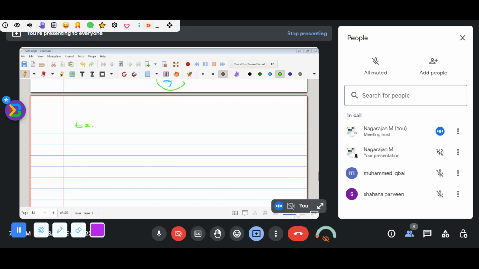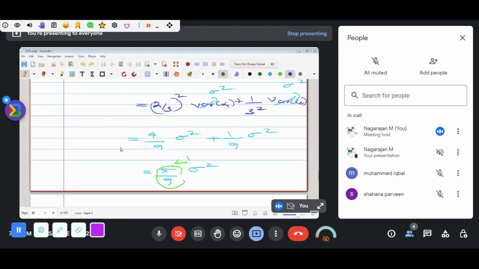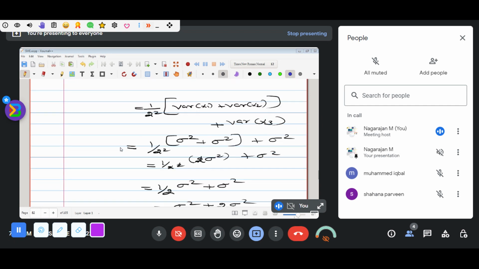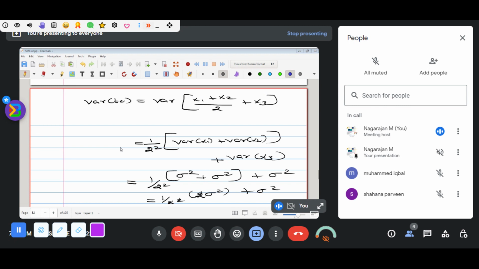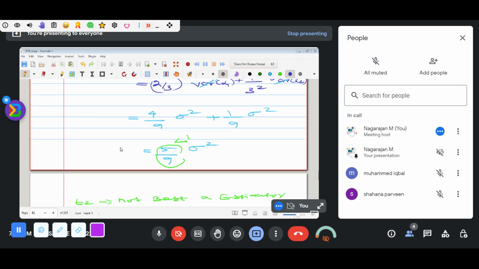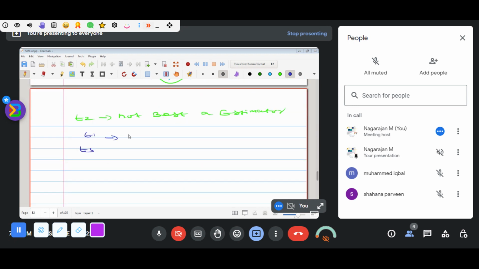Now T2 is not a best estimator, so compare T1 and T3. The T1 estimator's variance value is 1 by 5, which means 0.2.